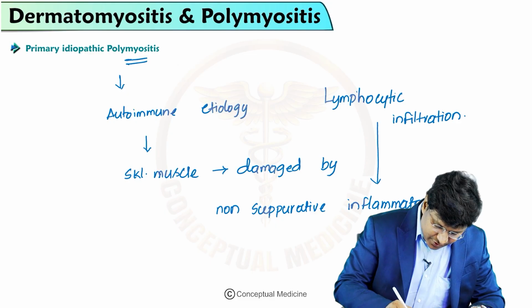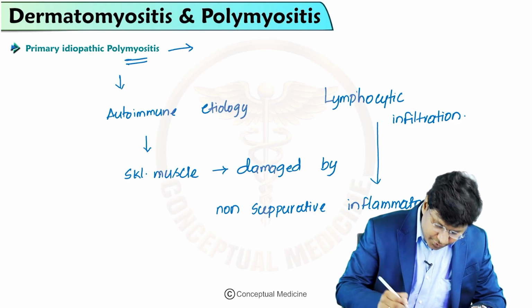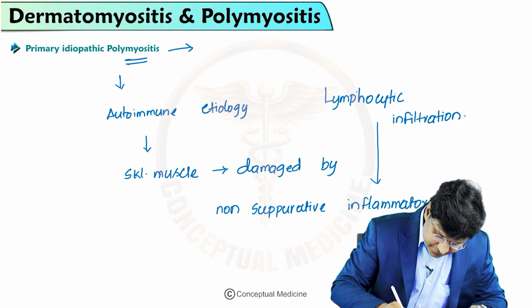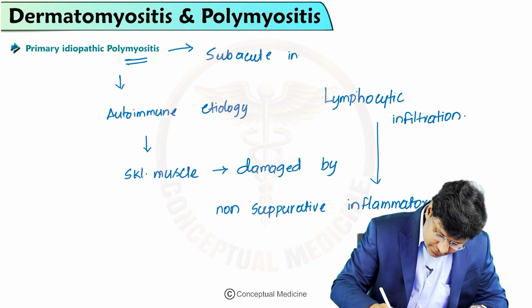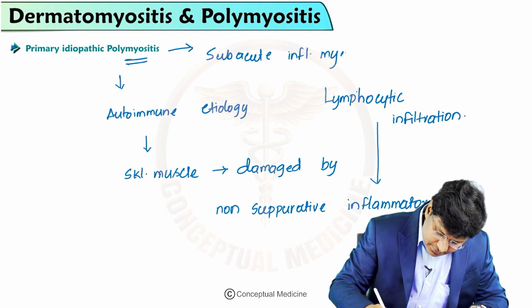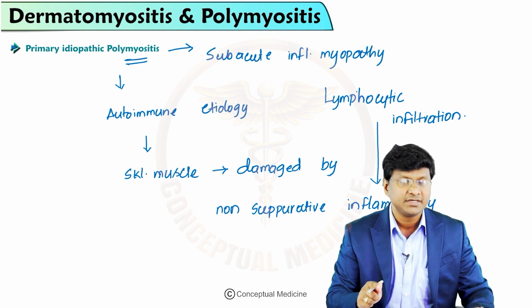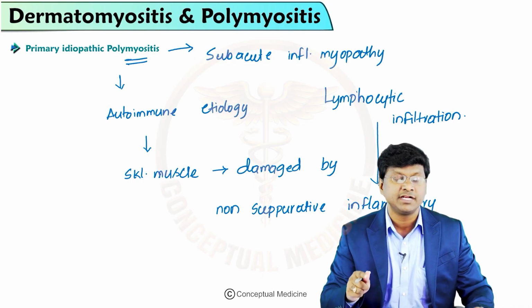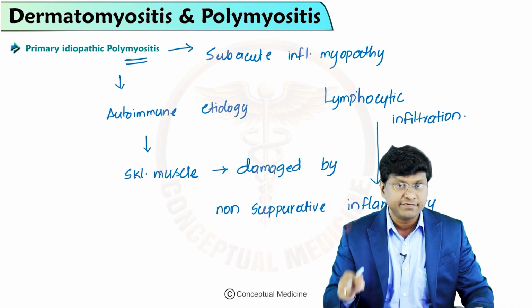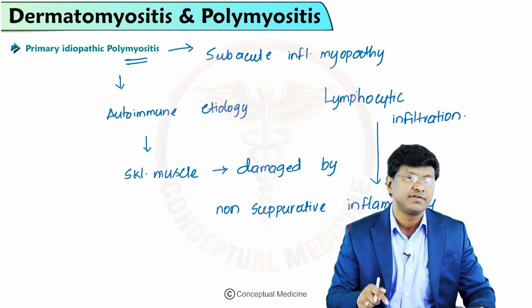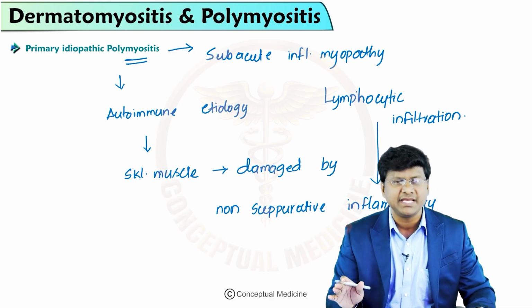And this polymyositis is a subacute inflammatory myopathy. So please remember, it is a condition of autoimmune etiology in which skeletal muscle is damaged by a non-suppurative inflammatory process which is dominated by lymphocytic infiltration, and it is a subacute inflammatory myopathy and it mimics many other myopathies.